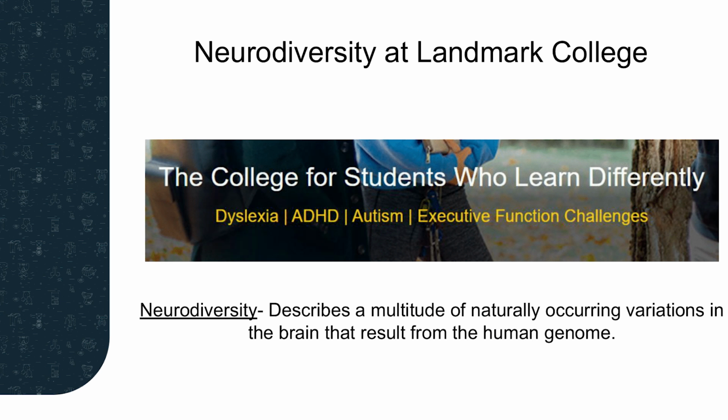When we talk about neurodiversity, some of the things that you might think about are students that are dyslexic, have ADHD, have autism, and executive function challenges. And when we talk about neurodiversity, we're really talking about the broad range of the variations in the whole human genome. So everyone in this room is part of that neurodiversity framework.